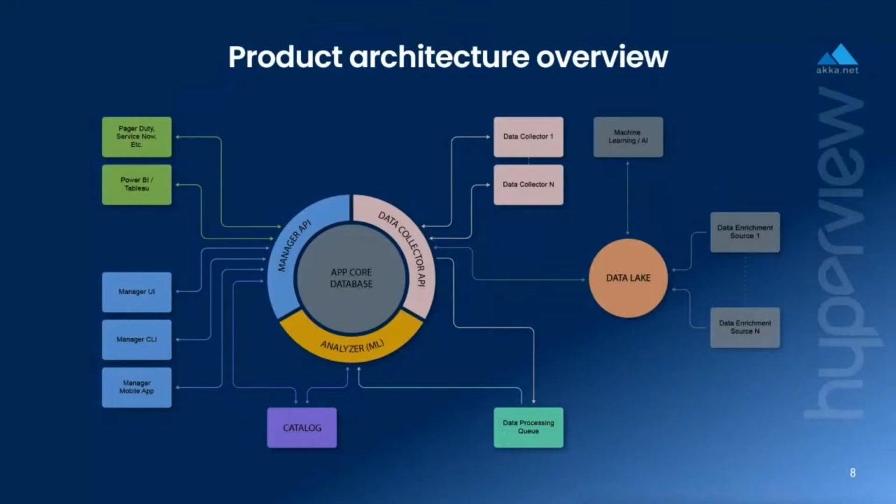So depending on the customer use case, customers that had mostly a monitoring use case needed more data collection endpoints, so we could scale that microservice independently. Customers that had a lot of need for the data services APIs and the management APIs can scale that independently, and so on. So that was one of the tenets of the design.